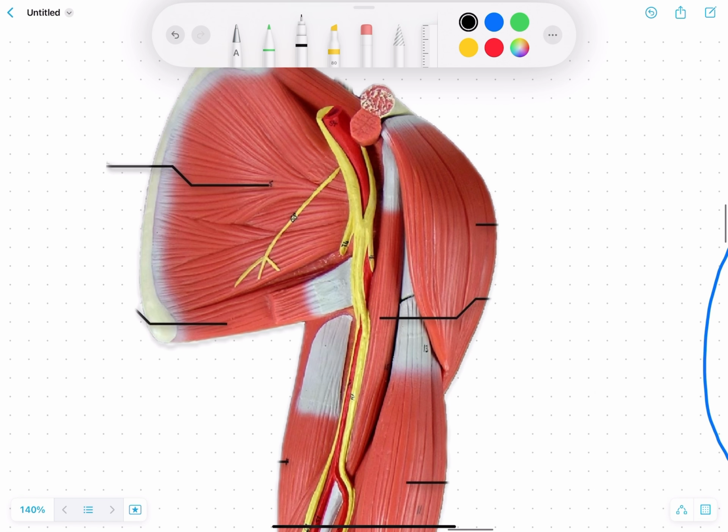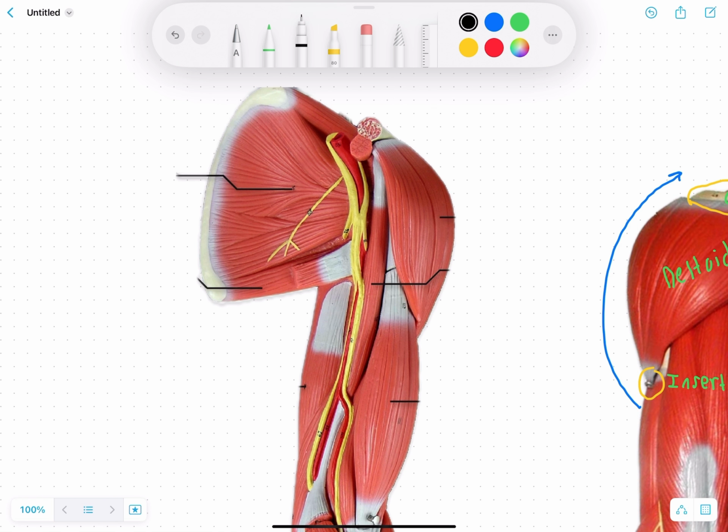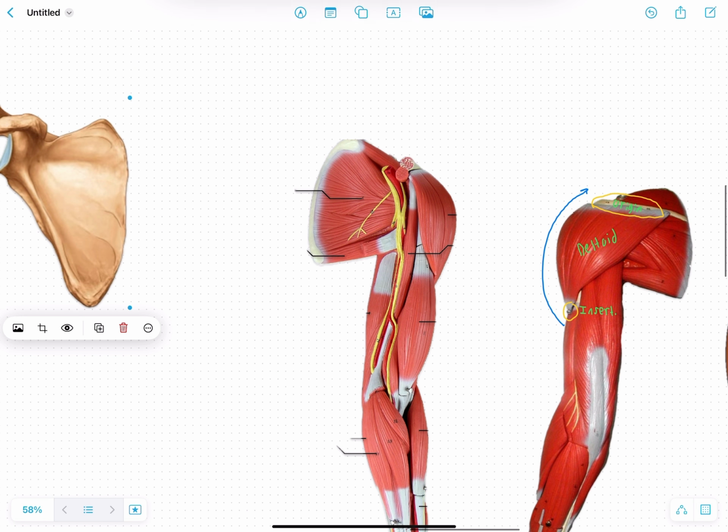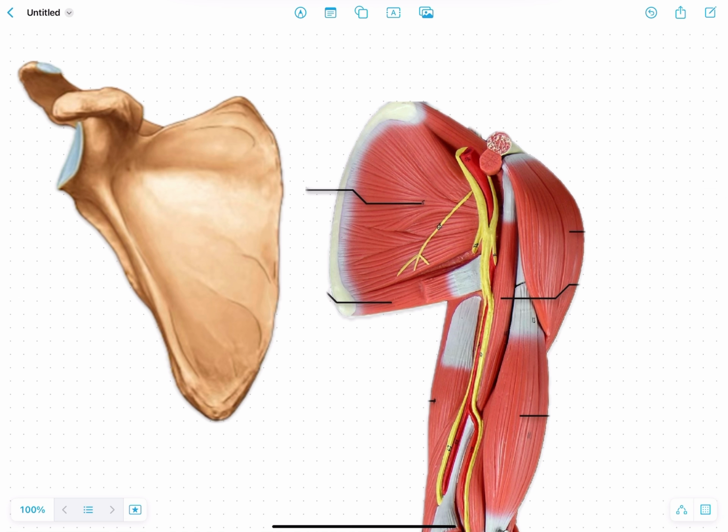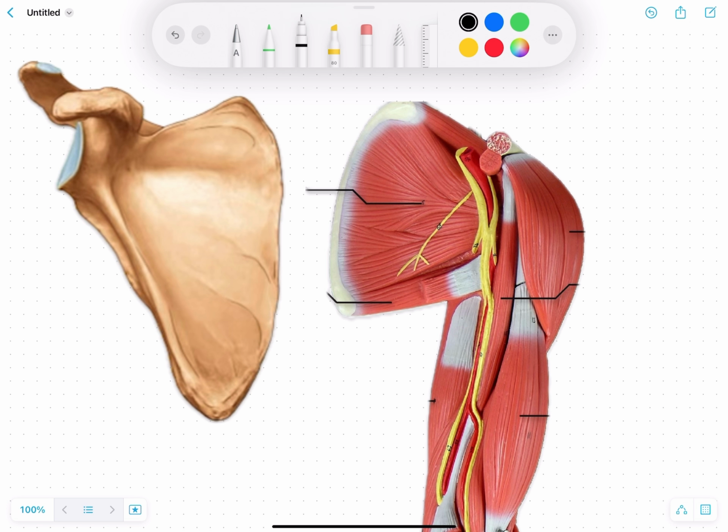So this is looking at an anterior view of that shoulder. And actually, if we come over here and look at just the bone itself, just like how we had those fossas on the posterior side, we also have our subscapular fossa. And so, again, what's located in that subscapular fossa is going to be our subscapularis, and that's this muscle right here.